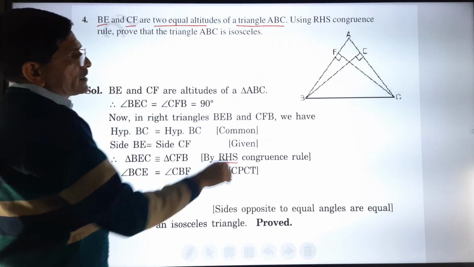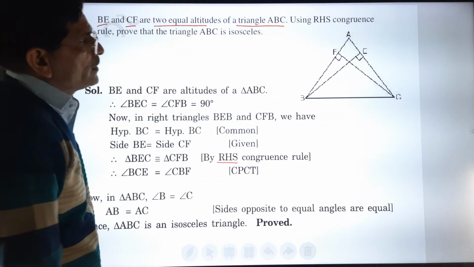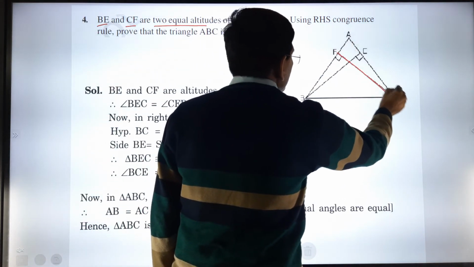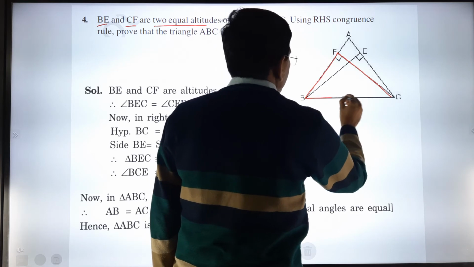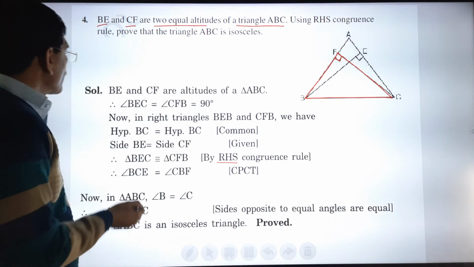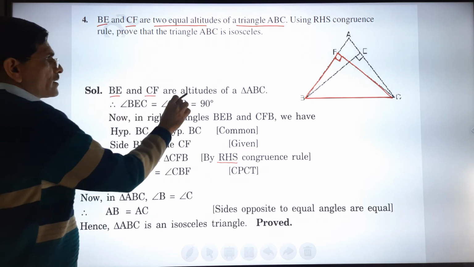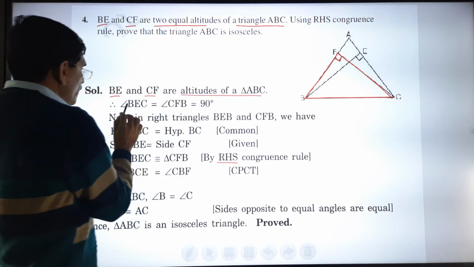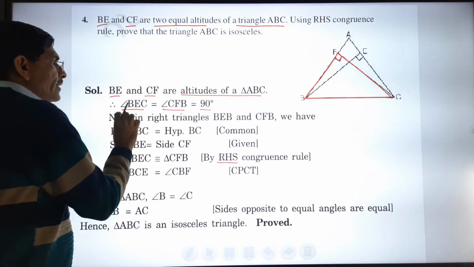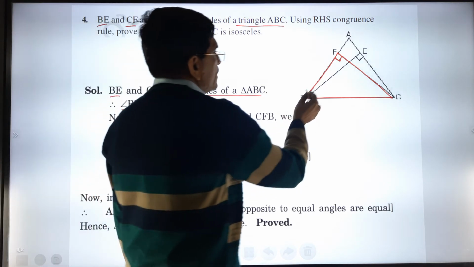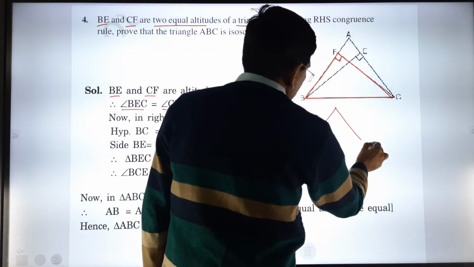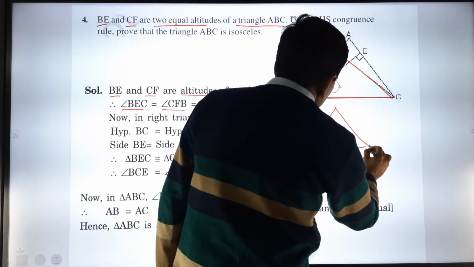If you see properly, altitudes always show 90 degrees. So here it is one altitude, and BE and CF are the altitudes of triangle ABC. Therefore angle BEC and angle CFB are equal to 90. Now let us see BEC. We have to draw another triangle for proper understanding.